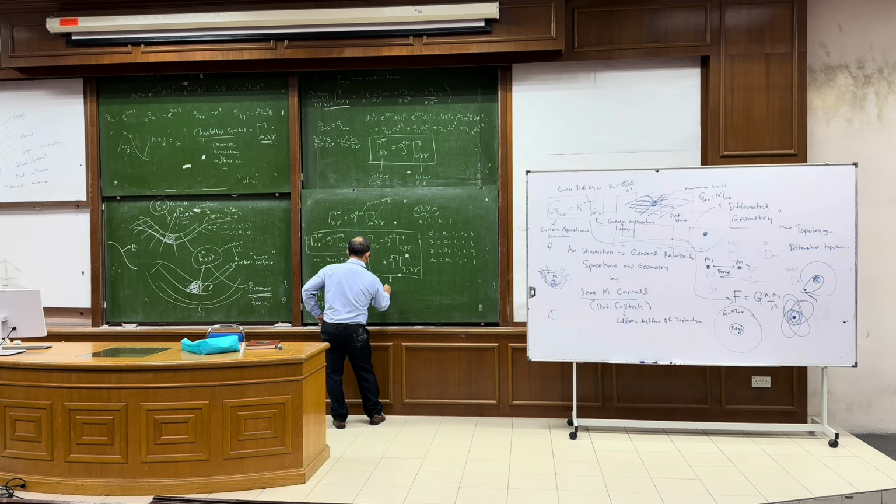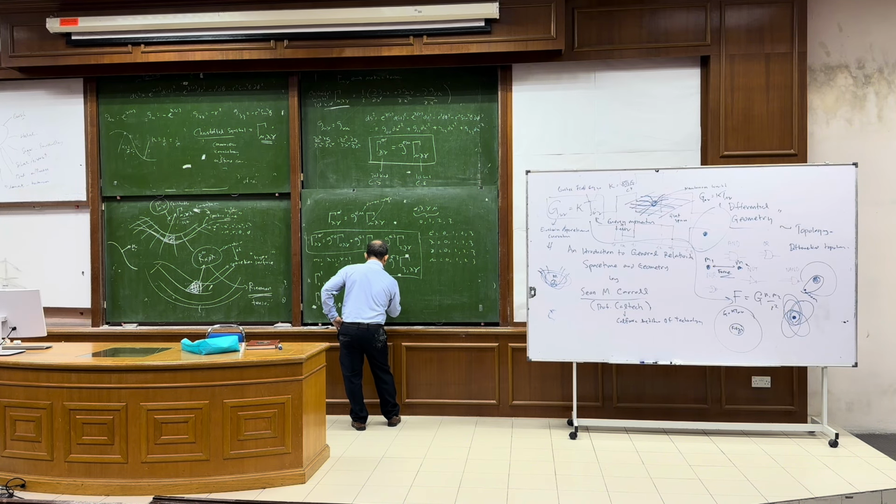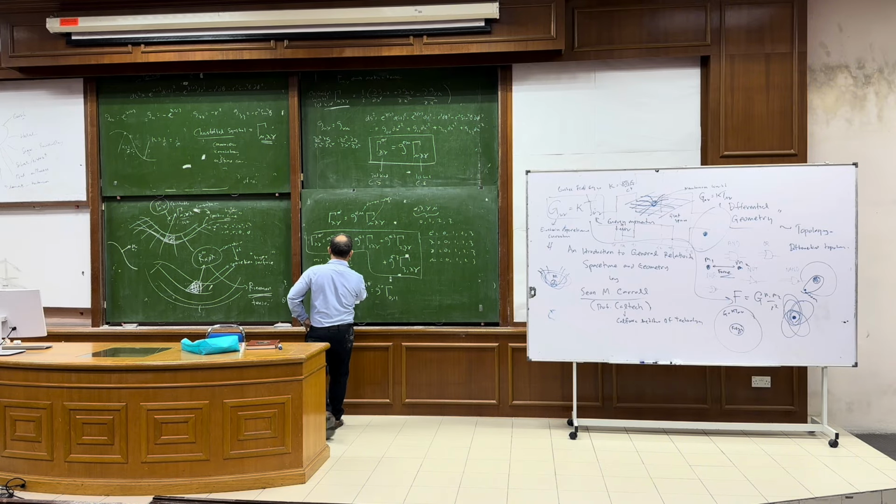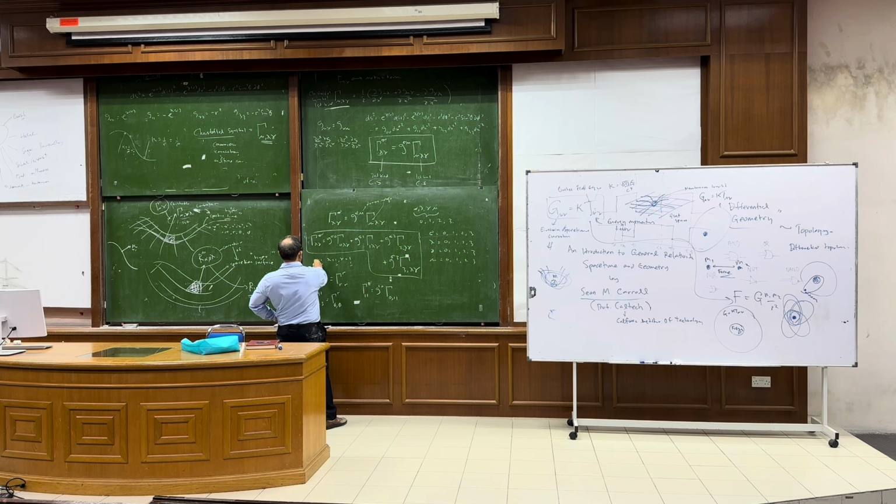And then sigma 0. This one 1, 1. Okay. This lambda gamma, this one is sigma is 1, lambda is 1, gamma is 1.